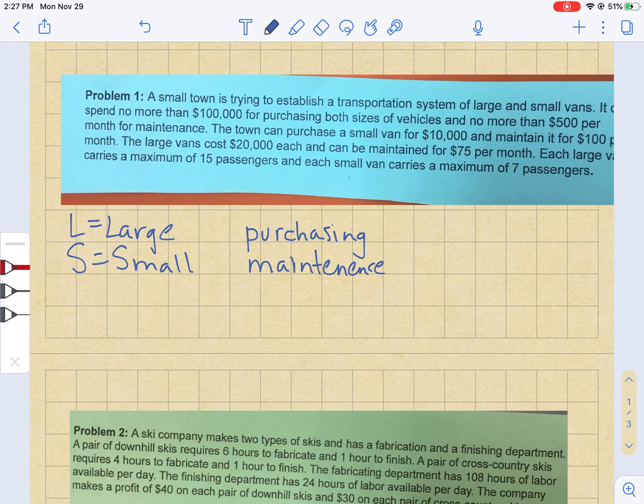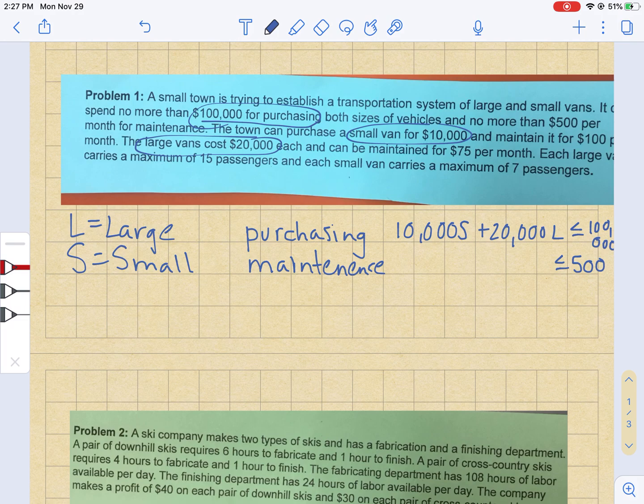So let's see. For purchasing, we can only spend $100,000. So small is here, and a large, so we could say 10,000 small plus 20,000 large. Well, that has to be less than or equal to 100,000. And then we have maintenance. Maintenance has to be less than 500.